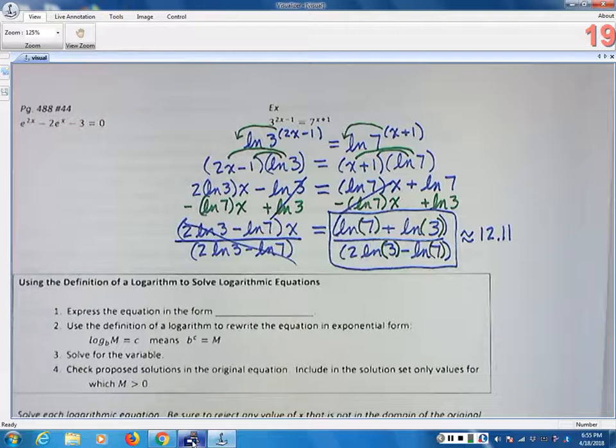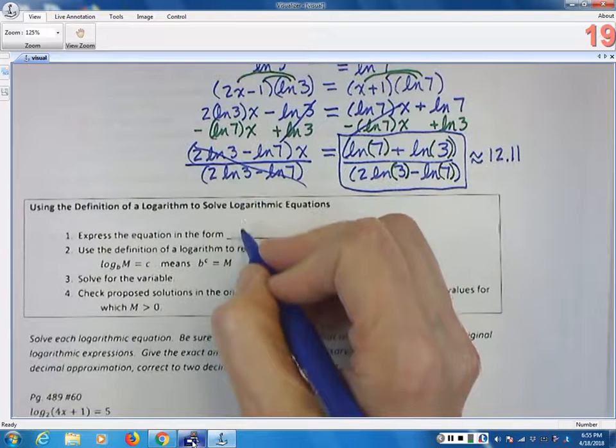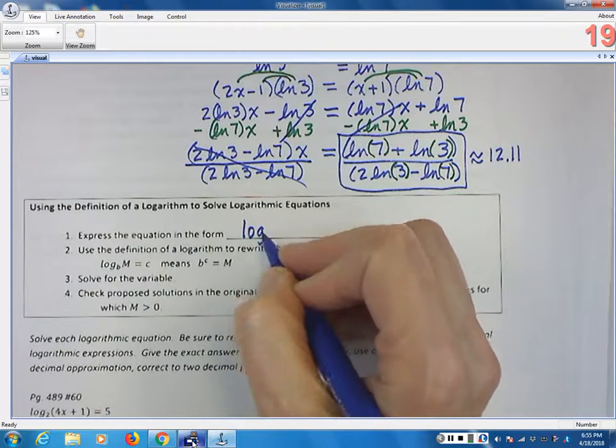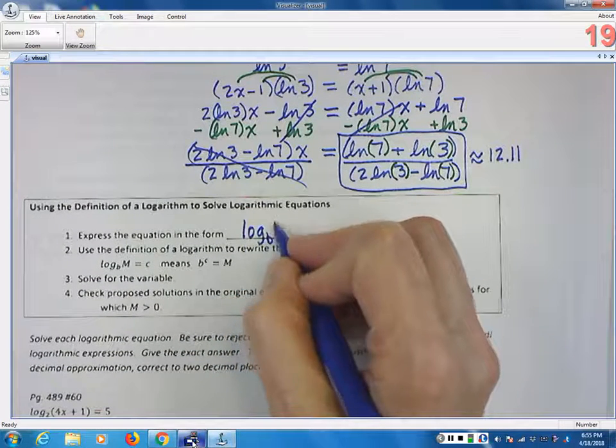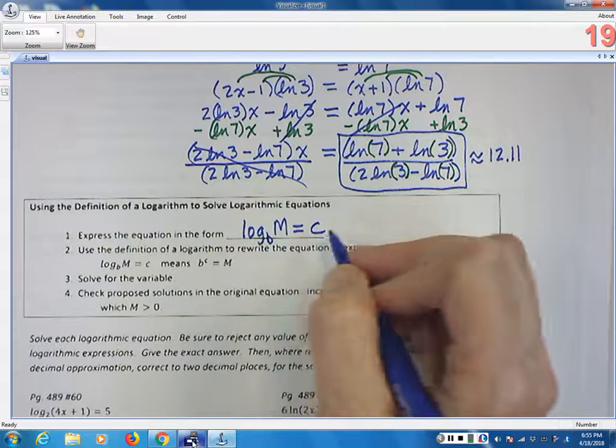So we are expressing then the equation in the form log base b of m equals a constant.